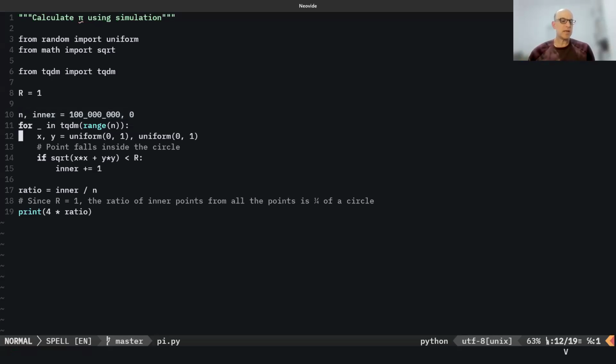So I'm getting x and y, which are uniform between 0 and 1. And then if the point falls inside the circle, I'm just going to increment inner. So this is how many points fell inside the circle. Now, the ratio is inner divided by n. And as we said, this is a quarter of pi. So we need to print out 4 times this ratio to get the number pi.